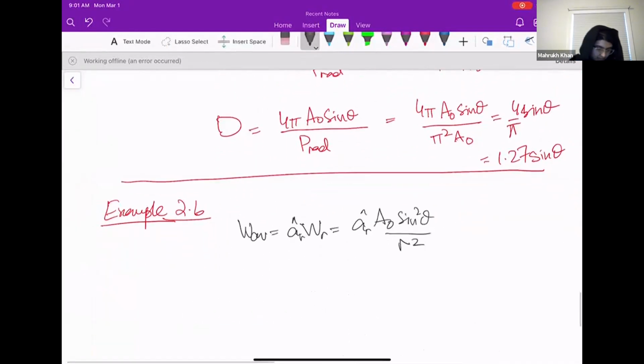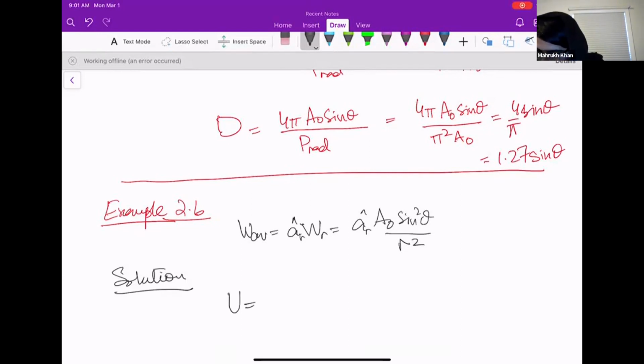Okay, so we are asked to calculate maximum directivity and express the directivity as a function of theta and phi. So to calculate maximum directivity and directivity as it is, we want to know radiation intensity, which is R square W R, which will become A naught sine square theta.